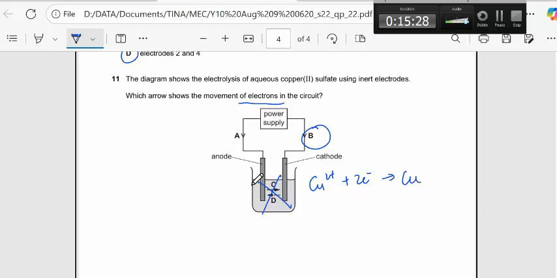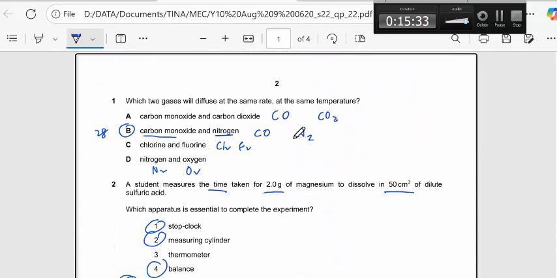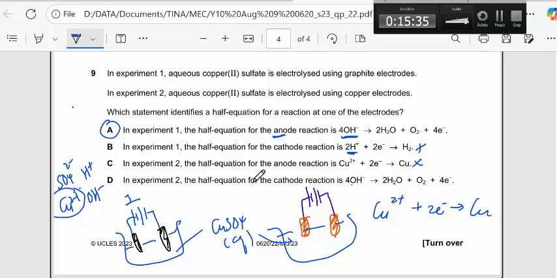Okay, so there's 11 here, and then the previous one got 10, is it? The previous one had 9. Okay, so 20. Altogether 20. How much you get?